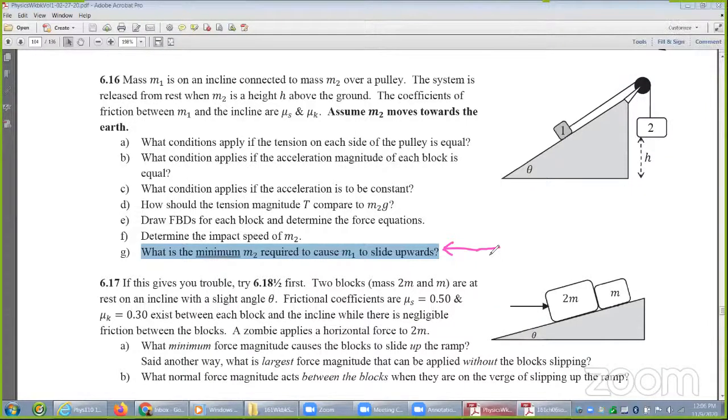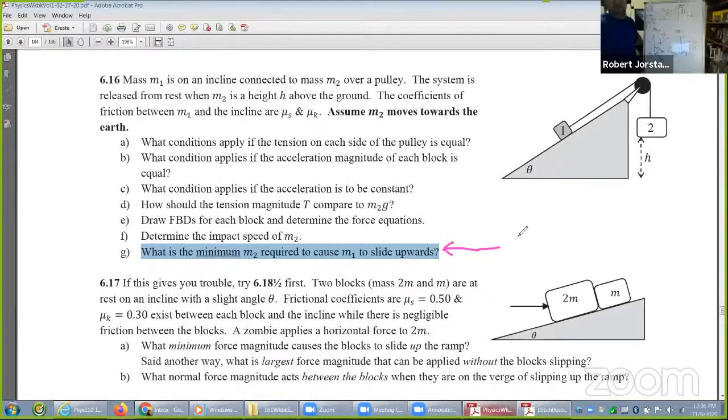It kind of makes me want to think that M2 should be heavier than M1, so that it causes the block to slide up. It turns out that's not always true. It depends on the angle a little bit. Think about this: what if your angle was very slight, like 2 degrees, and let's say block 1 was 10 pounds? You might be able to make it slide with a 1 pound block if the friction's low enough.